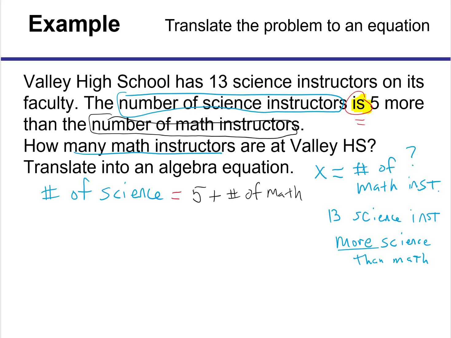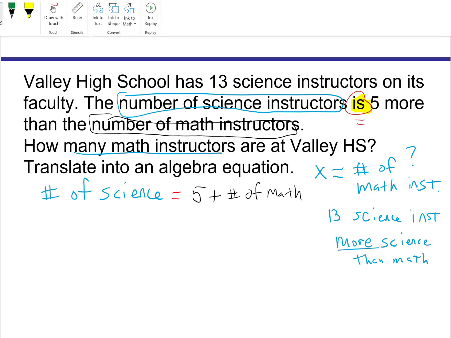So what I've done here is I've taken the word problem and I'm kind of simplifying it into smaller bits. I'm starting to move the words into a pseudo-equation. This is kind of like a verbal model for the equation. It's part words and part math. And that way I can start translating the words into math a little easier because I see the science instructors.